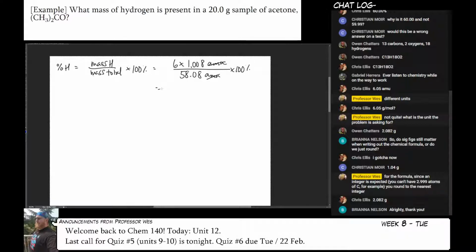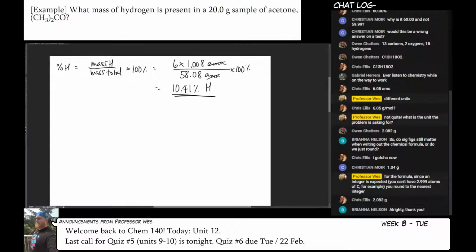And when I do that calculation, looks like I'm going to get something like 10.41, yeah. So acetone is 10.41% hydrogen by mass.